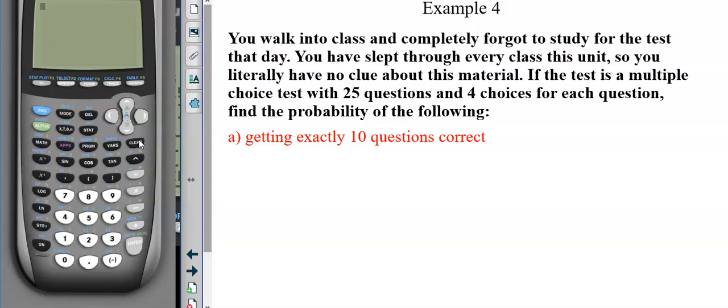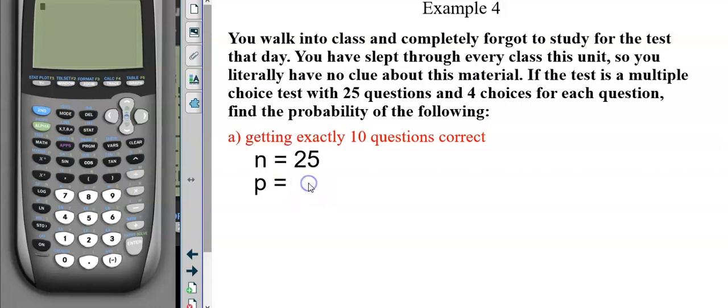All right, so we know it is a binomial distribution. We know that there's 25 questions in all, so that's our n. Now our probability, and this probability is about getting stuff correct, so probability of success. The probability here is the chance of getting a question right.